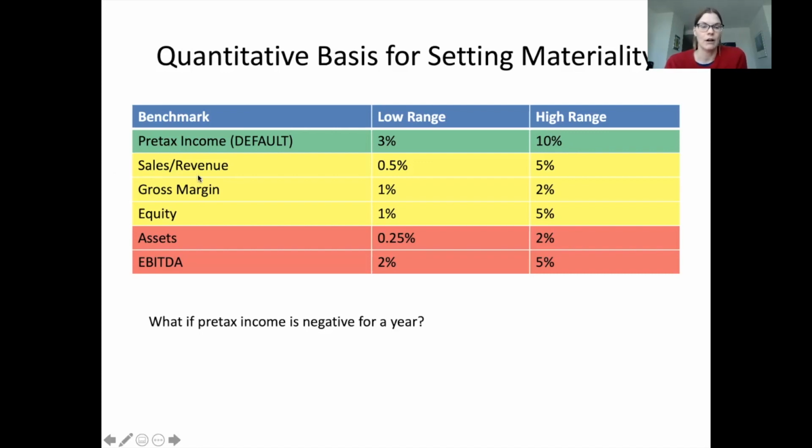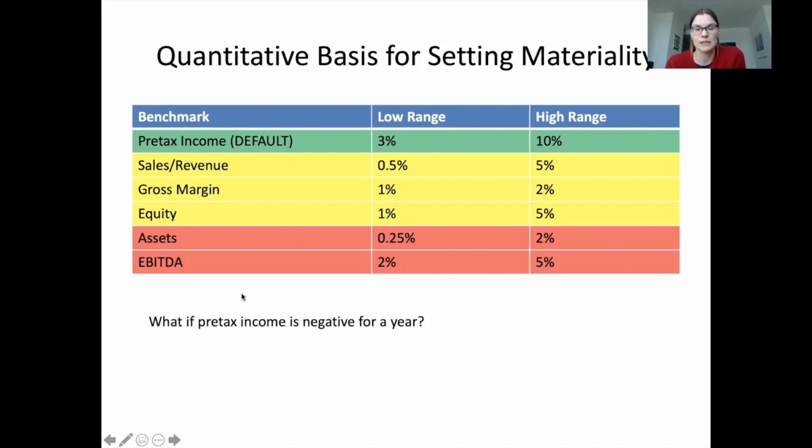Then there are also these other bases for materiality, which are used sometimes. What it really determines is, one, what type of business is it? Is it a for-profit, a not-for-profit, et cetera? Is it a mutual fund? And the other big consideration is how risky is this? That's what's going to determine the low end of the range or the high end of the range.